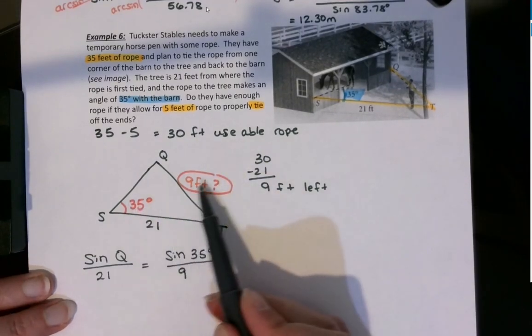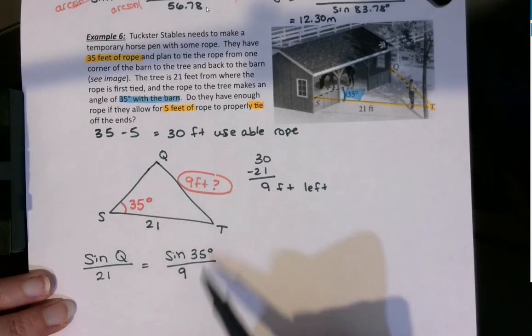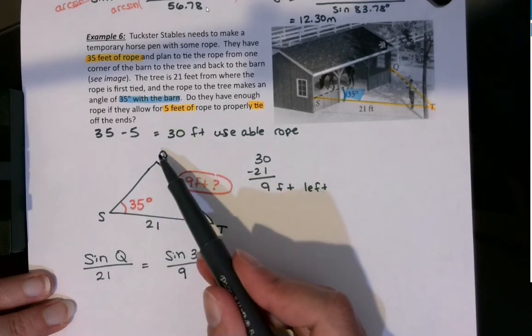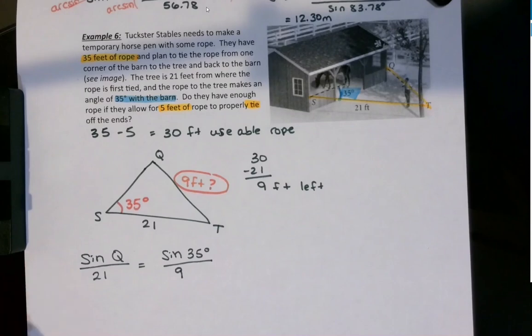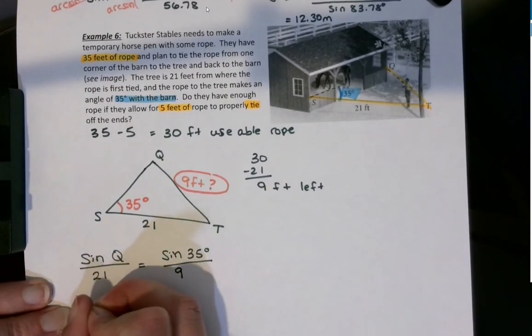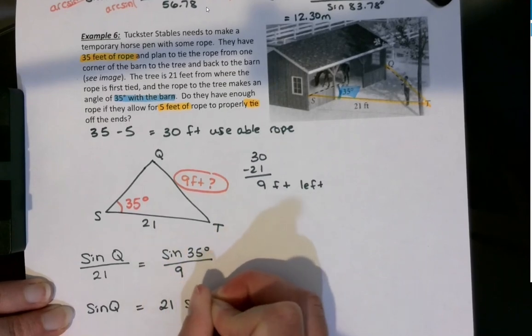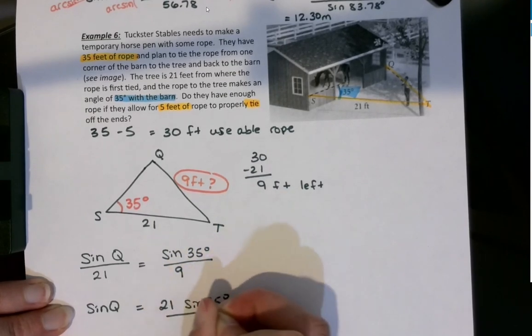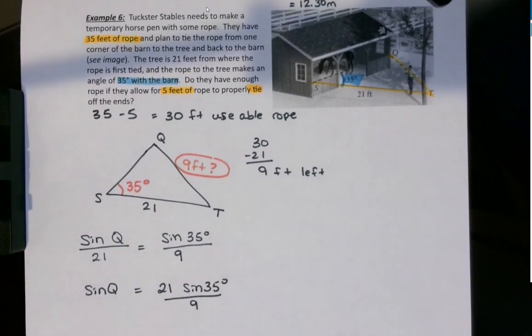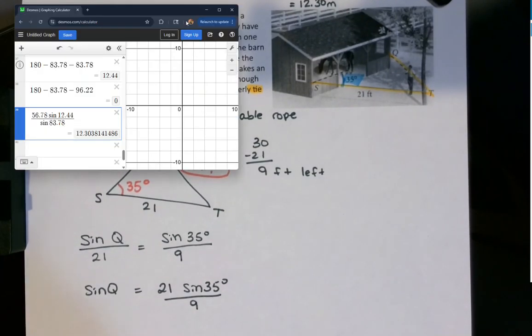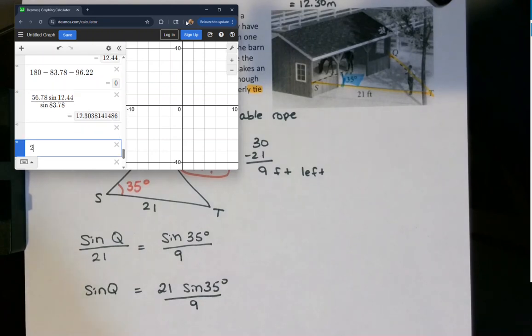With the pairing of angle S to side S, pairing of sine of angle Q to side Q here. So sine of angle Q would be equal to 21 times the sine of 35 degrees over 9.